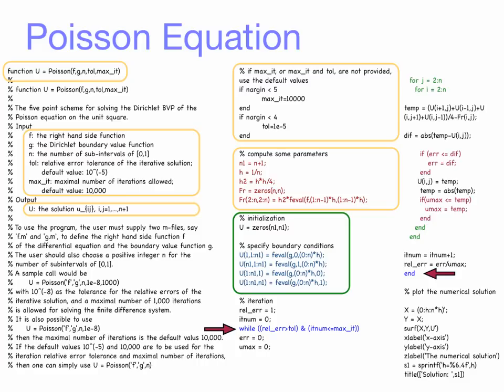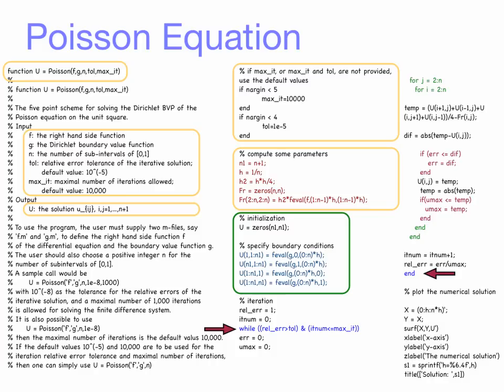Then a while loop is constructed, and this loop, as you can see, will continue on until the relative error is less than the tolerance or the number of iterations reaches the maximum number of iterations. If one of those conditions is violated, it's going to stop, meaning you will have either converged by getting the relative error less than the tolerance value, or you will have exhausted the maximum number of iterations and therefore you have to stop.